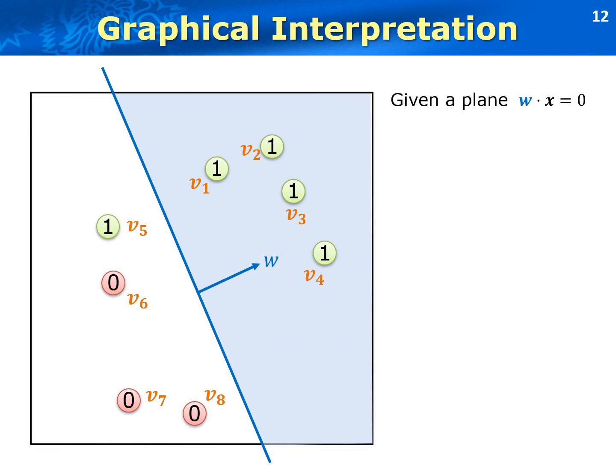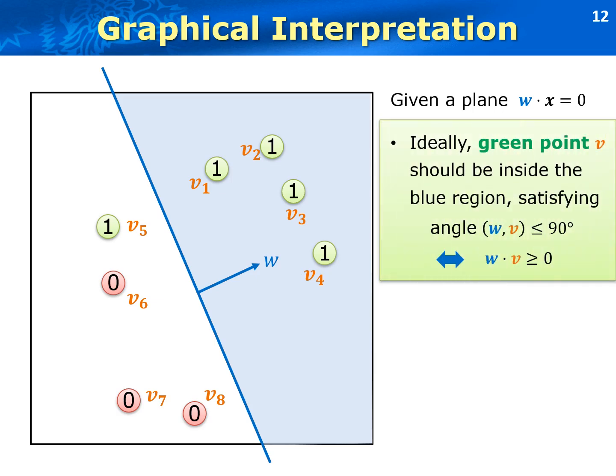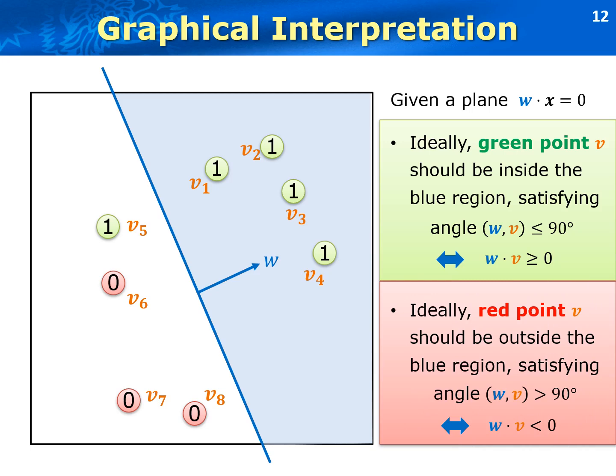For an ideal classification, we expect all the green points are inside the blue region. That is, the angle between each data point vector V and W is less than 90 degrees. Ideally, red points V should be outside the blue region, satisfying the angle between W and the red V is larger than 90 degrees.